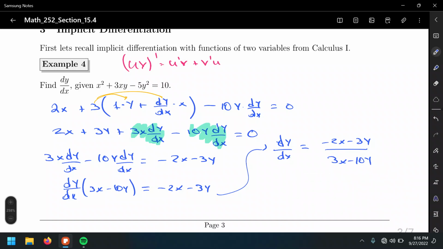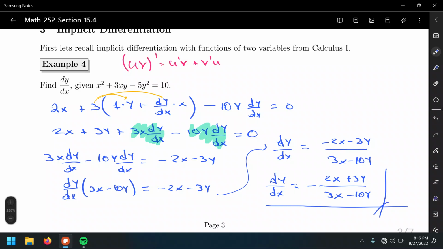Actually, I would do one more step. How about factor out that negative in the numerator? So that's negative (2x plus 3y) divided by 3x minus 10y.